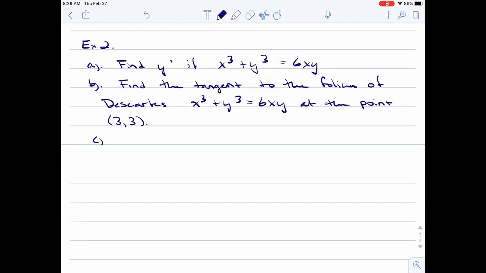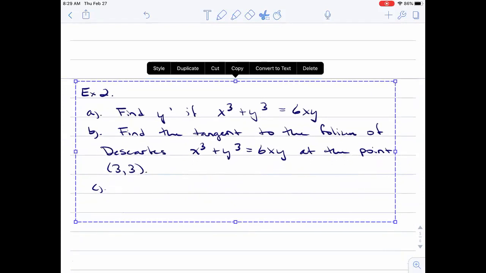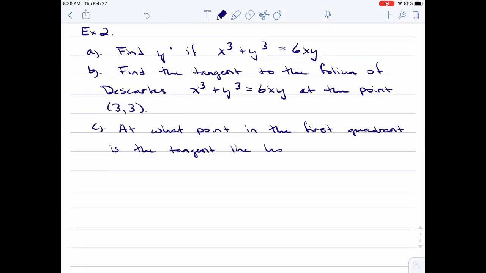Part C, we'll add another part here. And maybe I'll scoot this also, it's on the same page here. Part C, at what point in the first quadrant is the tangent line horizontal?